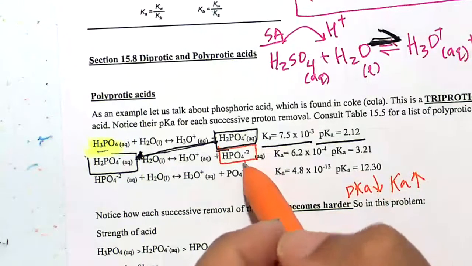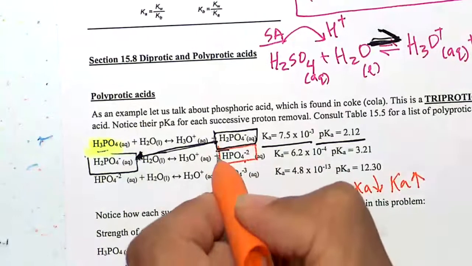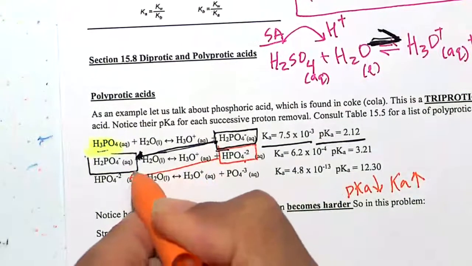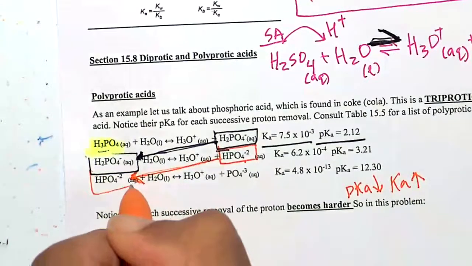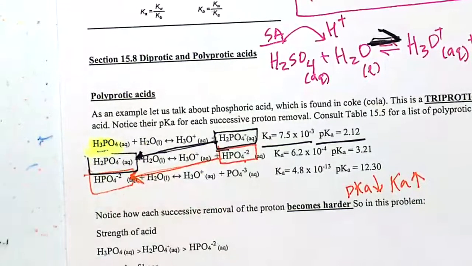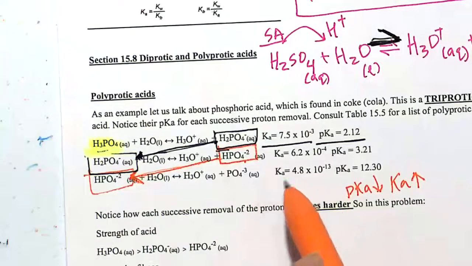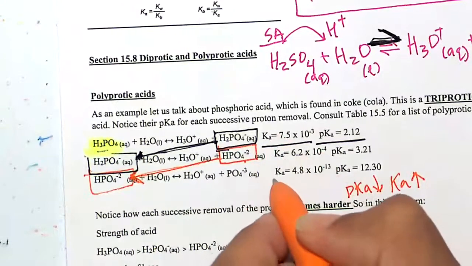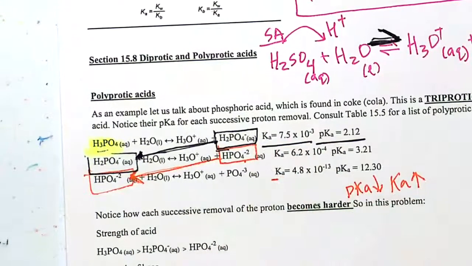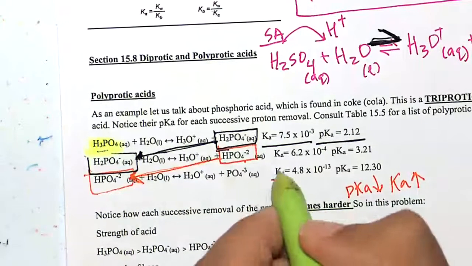Look at this one, HPO4 2 minus. This can give off a proton, the last proton, and it becomes phosphate. But look what that proton comes off at. It has a Ka of 4.8 times 10 to the minus 13.